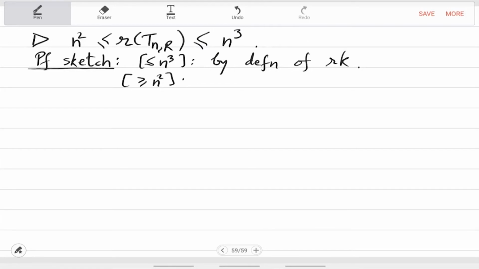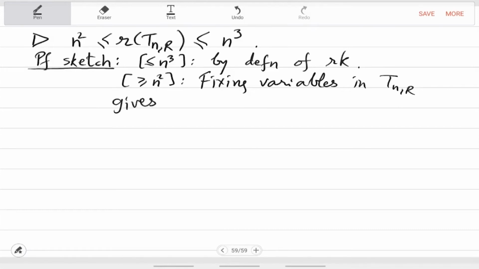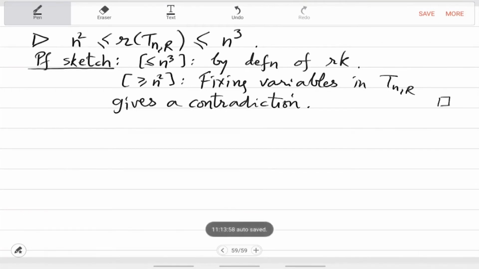So fixing variables in T and R gives a contradiction. I won't go into the detail of this; you can do it as an exercise. It's not very important. More important is the connection between rank and matrix multiplication.